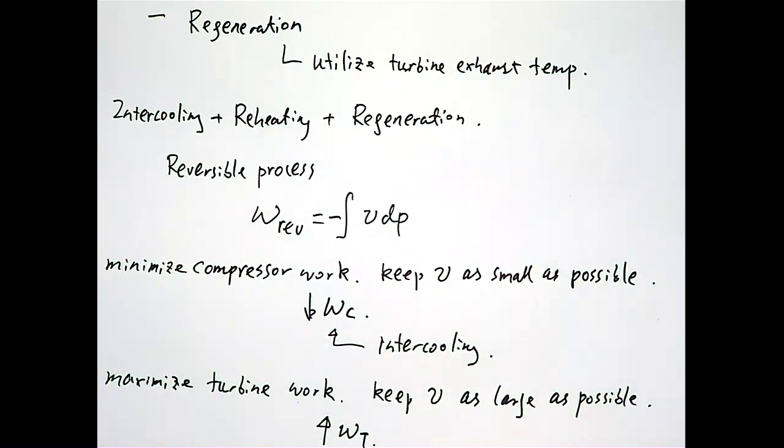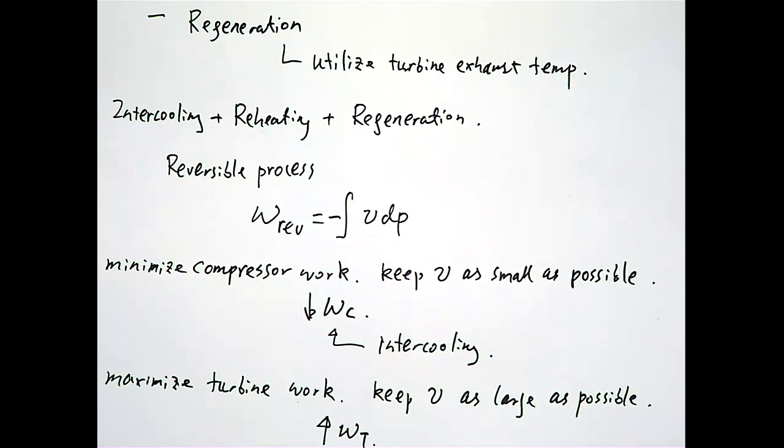So that's called reheating, which means similarly the turbine is two-stage at least, and between the two turbines you have a heater. Again, it's a heat exchanger. You add additional heat to keep the volume up.